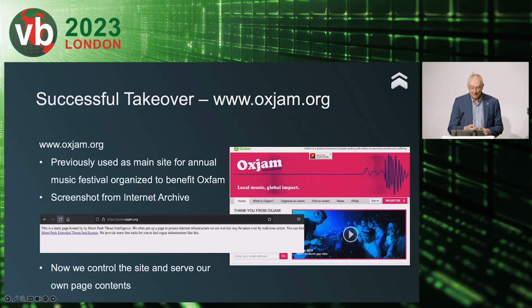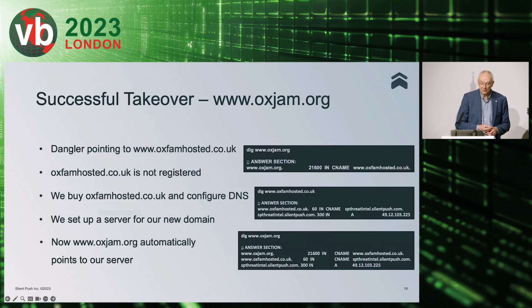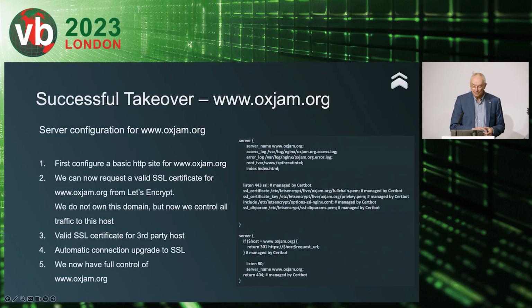The problem in this case is that it points to a domain that doesn't exist, a domain called Oxfam hosted. And so we can buy that. And that means that all of the traffic for oxjam.org now comes to us. So, okay, we spent $1.99 buying that domain, so it's not free, but it's still affordable, right? So now we have the entire record for this website.